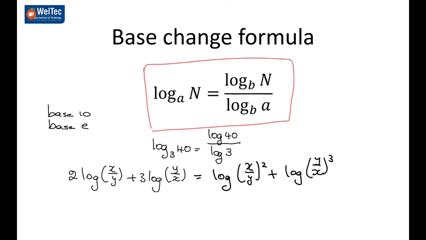Now, using the first rule of logs, we can see that this is going to turn out to be a product, so it would be log of (x over y) squared times (y over x) cubed, and x squared over y squared times y cubed over x cubed will give us that the answer is log of y over x.